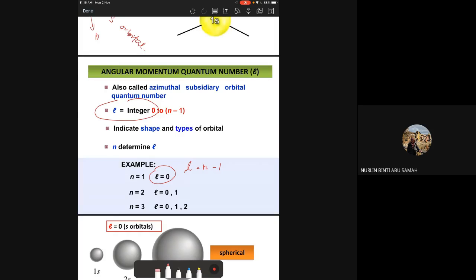But this is the possibility. When there's a possibility, you will see that, like for this example, n equals to 2, so L will be 0 and 1. Okay, so this is the possibility of orbital shape that you can get from n equals to 2. Boleh?